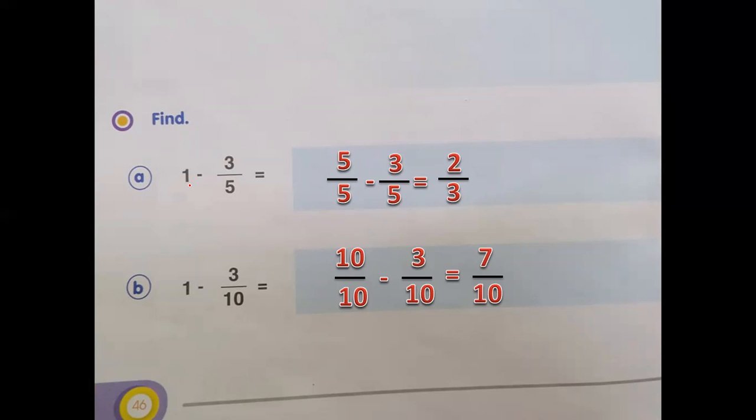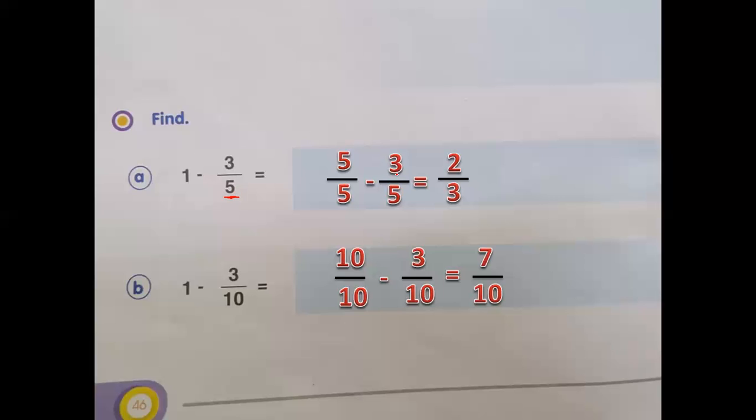So here we are going to change number 1 and write a numerator and a denominator, choosing them according to the denominator that we have here. So here we have the number 5. So what is the numerator and the denominator? 5 over 5. Okay, now we are going to subtract 5 over 5 minus 3 over 5.